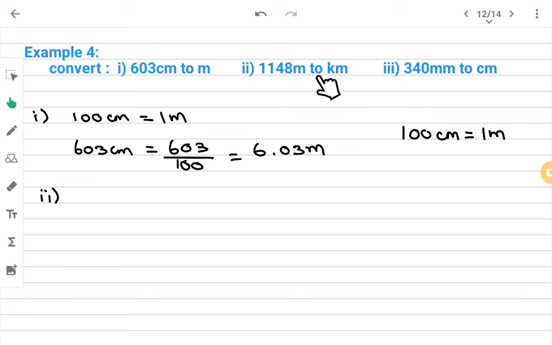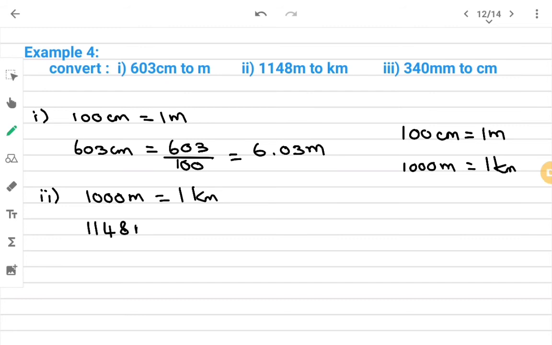And the second subdivision is, you are going to convert 1148 meter to kilometer. Yes, for that 1000 meter is equal to 1 kilometer. And here they given 1148 meter.